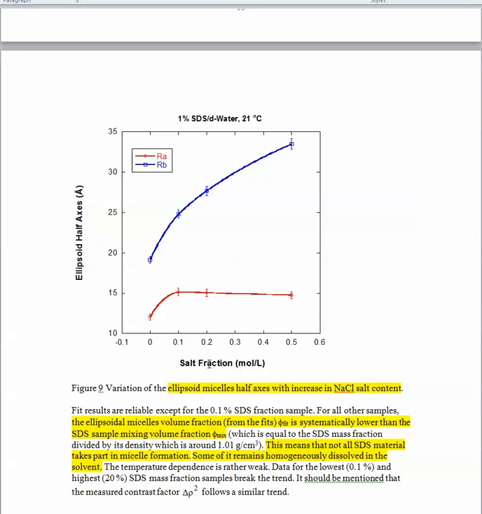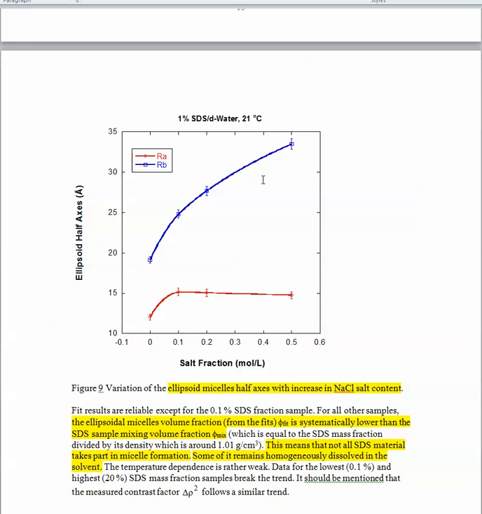Here we added some sodium chloride salt, four concentrations of sodium chloride from 0 all the way to 0.5 molar. So when we increase salt concentration, we see that the minor axis becomes flat, saturation.